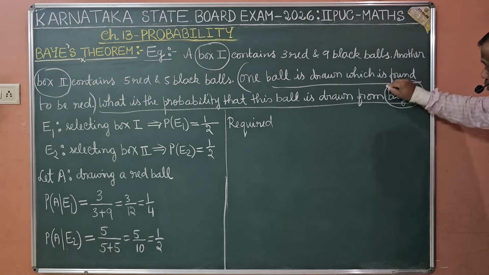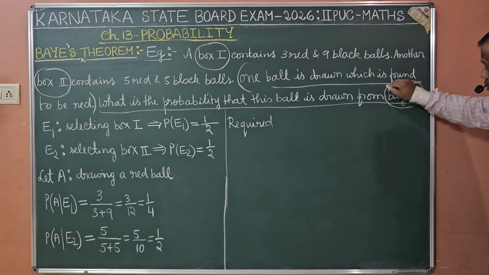So this is what we need. The ball selected is already red in color, this event already took place. What event already took place, I write on the right side of the line. But it should come from bag 2. The event of selecting bag 2 is denoted by E2, right? So P of E2 given A.